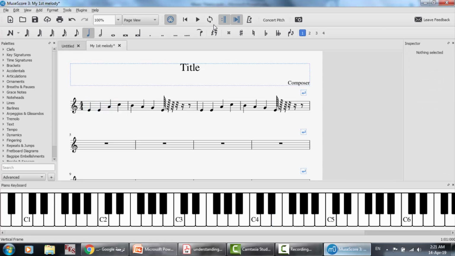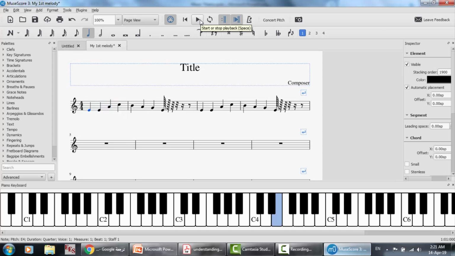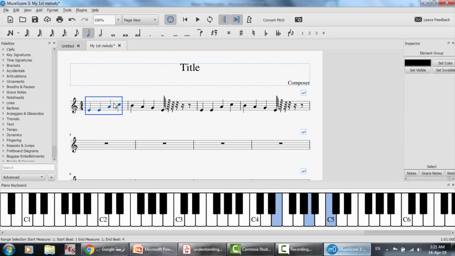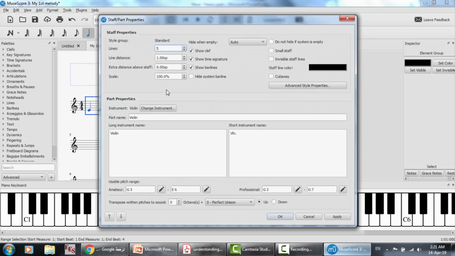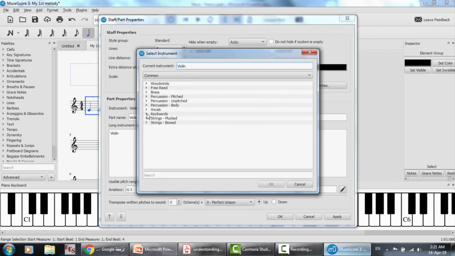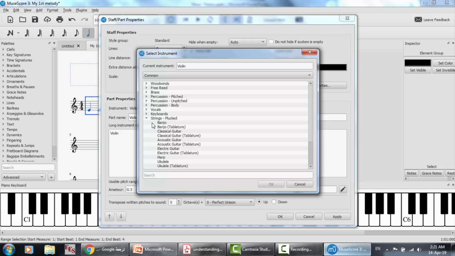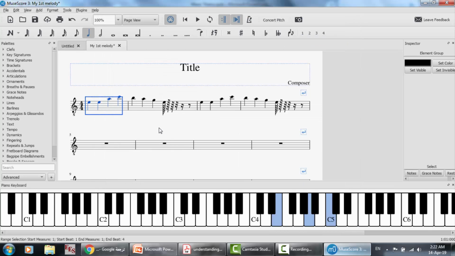Listen. This is awesome. Let's try the electric guitar. As you can see, the note has just changed, and we will cover this later.